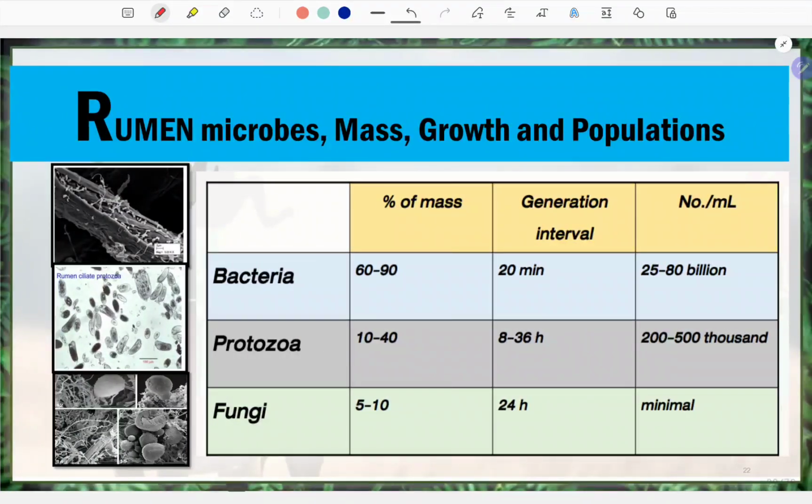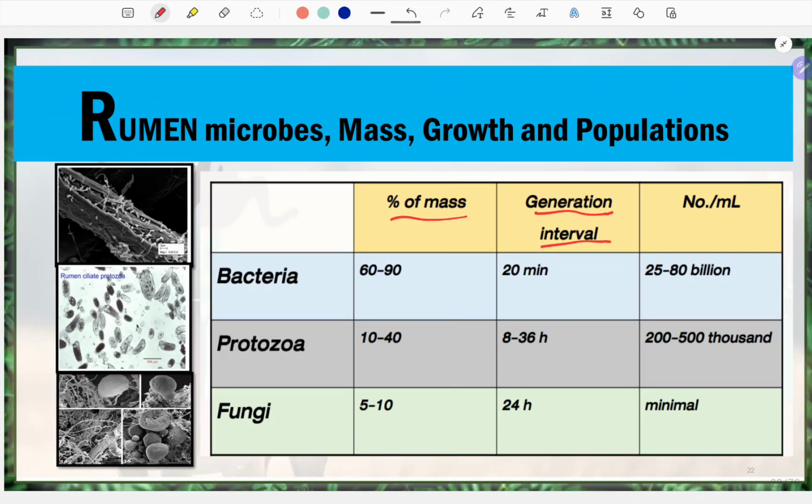Okay. So you can have this table. This table shows percent of mass and generation interval time, for generating from one cell to multiply to 2 cells, 2 to 4, something like generating the populations after feeding.